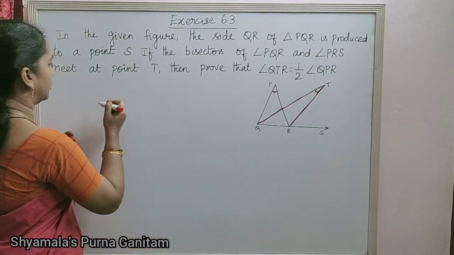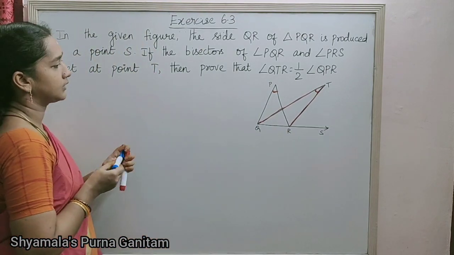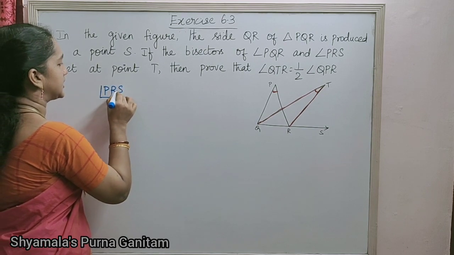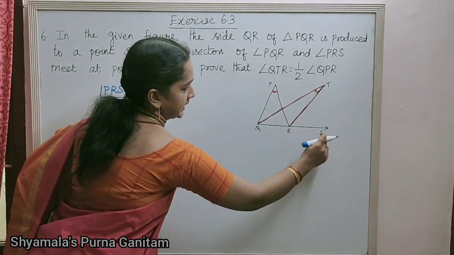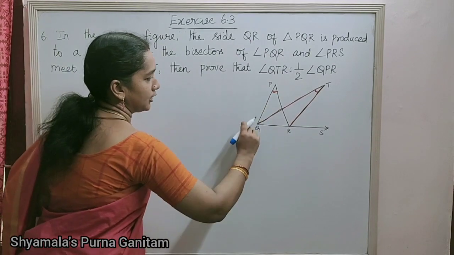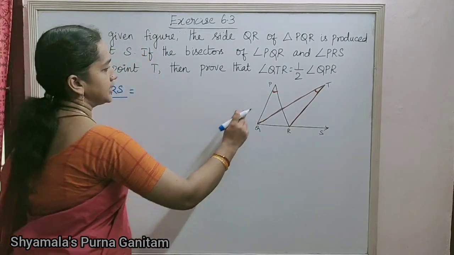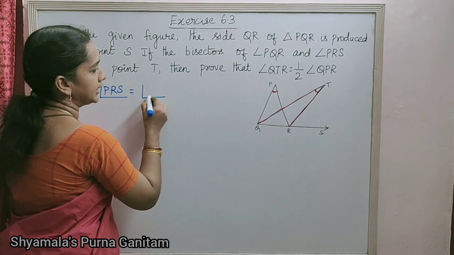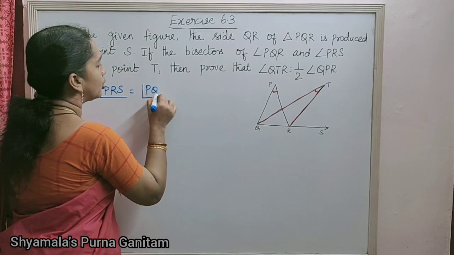Angle PRS is equal to this angle. This is the exterior angle of the triangle PQR. So PRS is equal to angle PQR plus angle QPR.